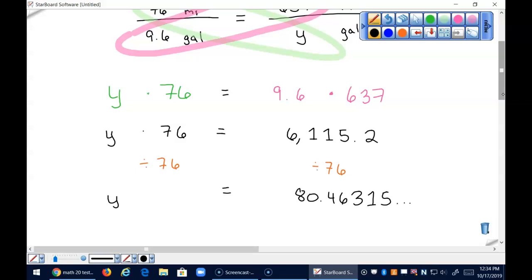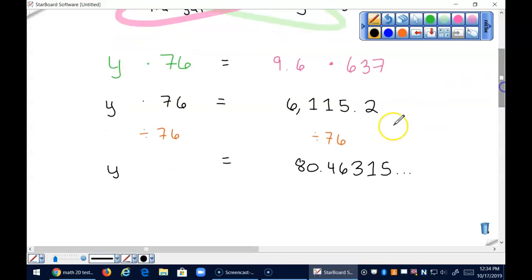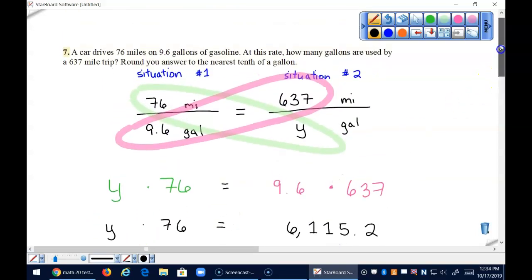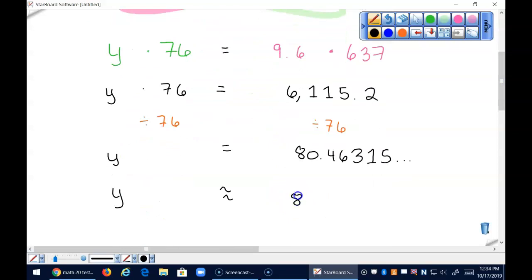It has lots of decimal points just because there's a math formula, not because I really know that. So I should round it. And how many gallons? I'll just say 80 gallons. You don't need to round up since it's a real thing in the real world. If I was actually shopping, I wouldn't stop my car when it has less than a full tank anyway, right? We're not going to cause any disasters.